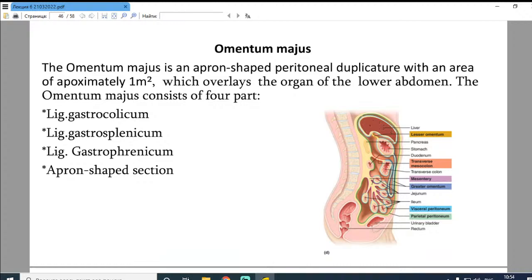This is what apron-shaped looks like. The omentum majus consists of 4 parts: ligamentum gastrocolicum, ligamentum gastrosplenicum, ligamentum gastrophrenicum, and the apron-shaped section.